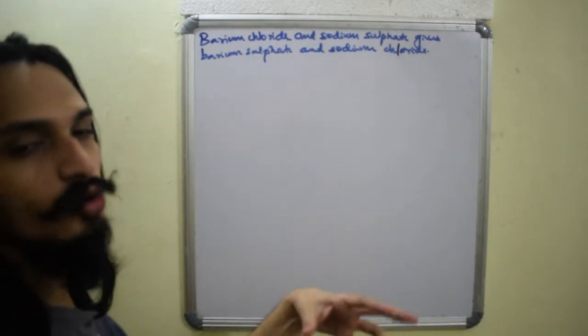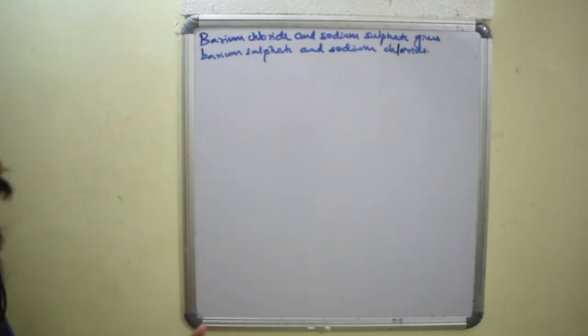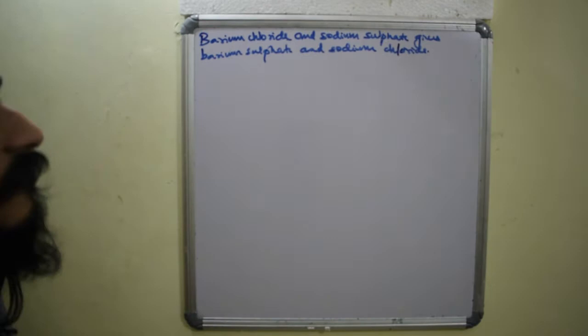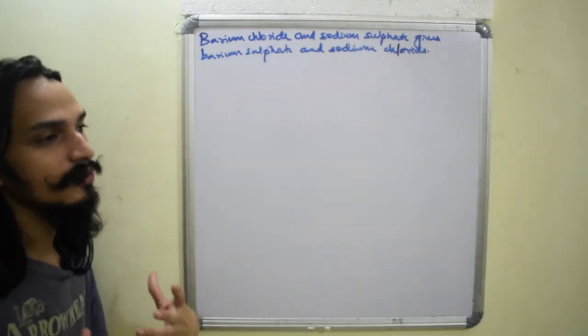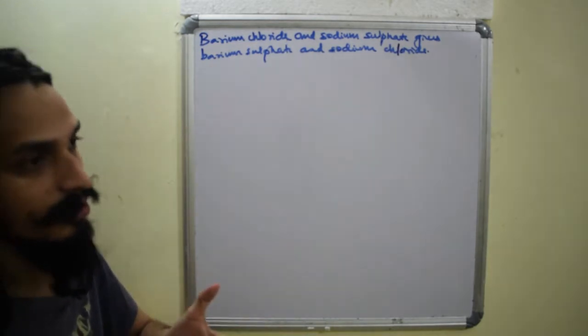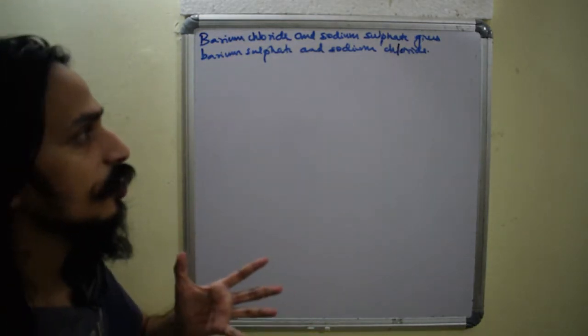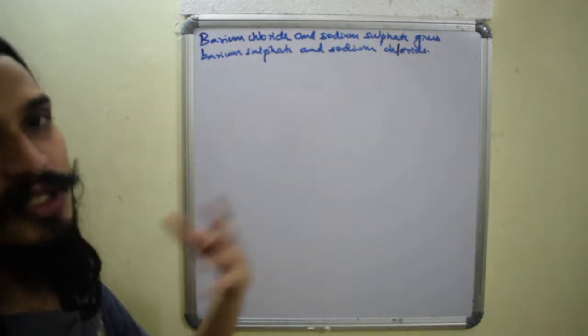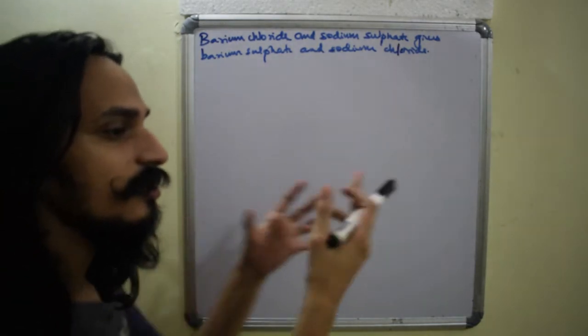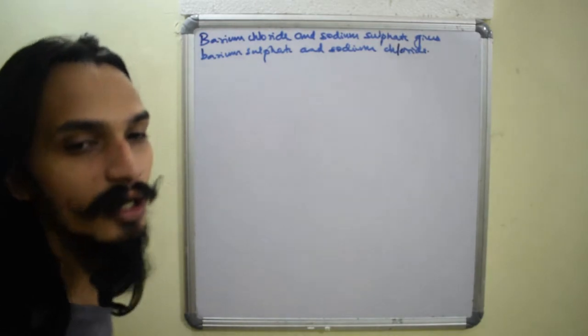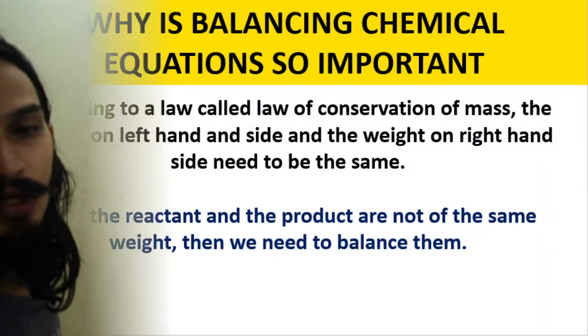It won't be less than 2, it won't be more than 2 also. This is called the law of conservation of mass, which says that any form of interaction between matter, like a chemical reaction, should have equal mass on both sides. So if the reactants are a certain weight, the products also should be the same weight. Okay.